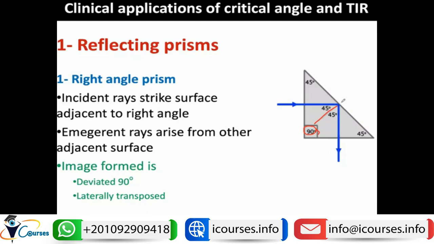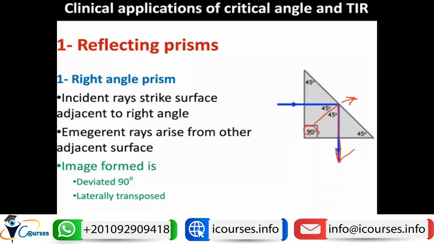So it will not refract from the other side, but it will be reflected to emerge from the other surface adjacent to the 90-degree angle.